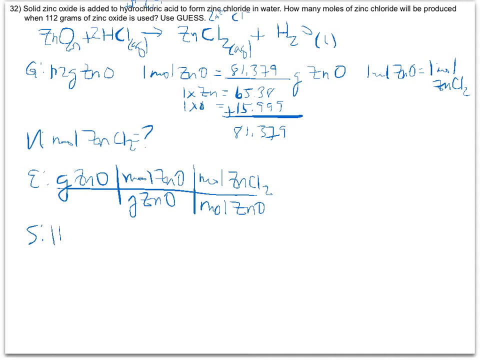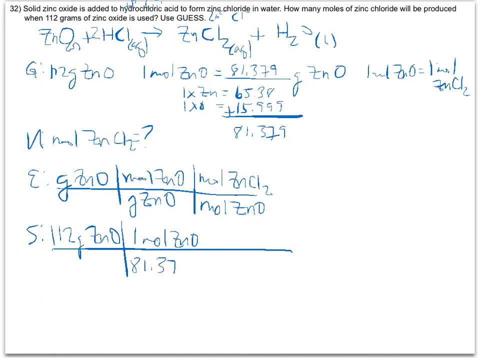So now we can substitute in our numbers, 112 grams of zinc oxide, 1 mole of zinc oxide is 81.379 grams of zinc oxide, 1 mole of zinc chloride to 1 mole of zinc oxide. So what are we really doing here? Our original number, 112, is on bottom, divide. Everything else is 1, so we can ignore it.